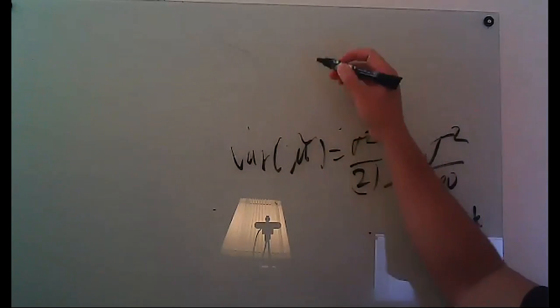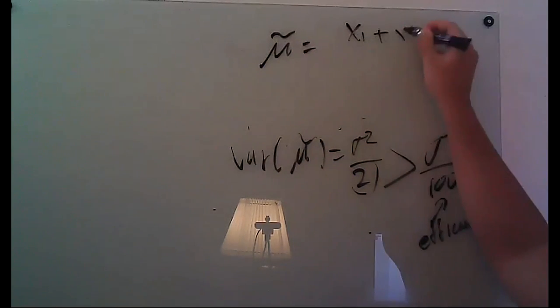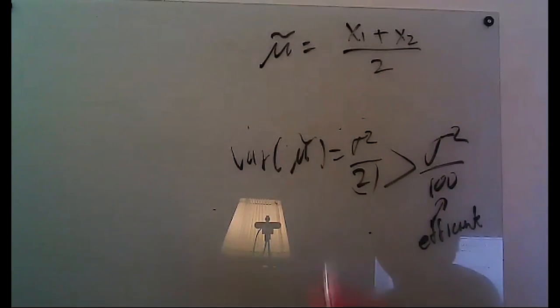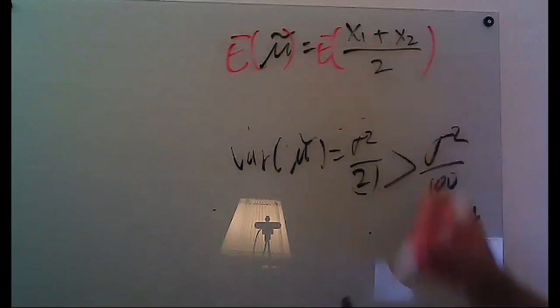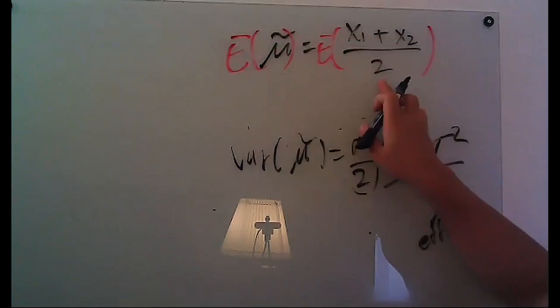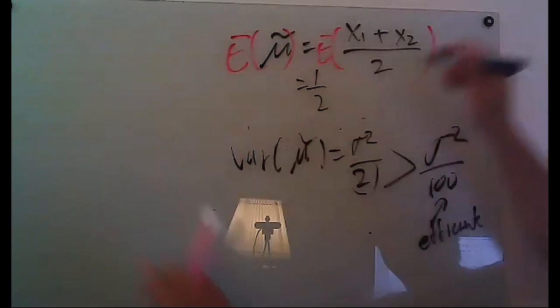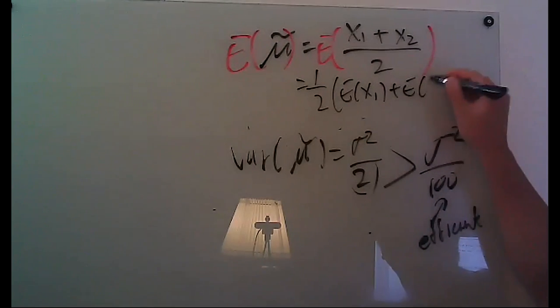Mathematically, I said mu tilde equals x1 plus x2 over 2. So take the expectation. It's gonna be, so 2 can come out, so it's gonna be 1 over 2, and you can separate them out. So it's gonna be expected value of x1 plus expected value of x2.